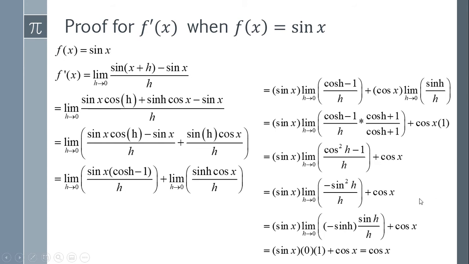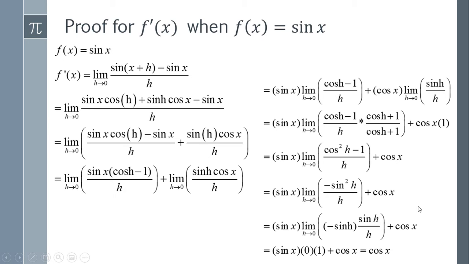If I do it the long way, again, I'm not going to go through all this, but we'll figure out that the derivative of f of x when f of x equals sine of x equals simply cosine of x. So this whole long proof is going to show that the derivative of sine of x is cosine.